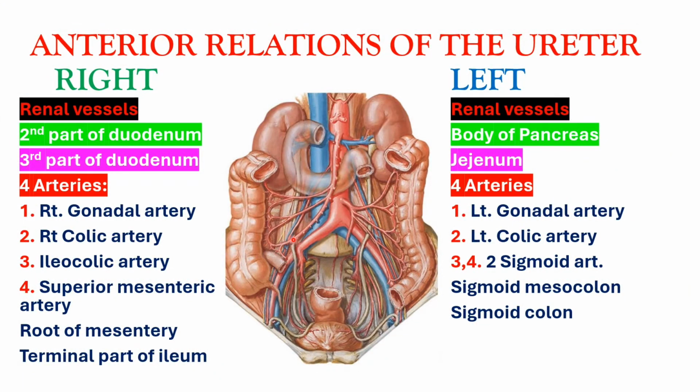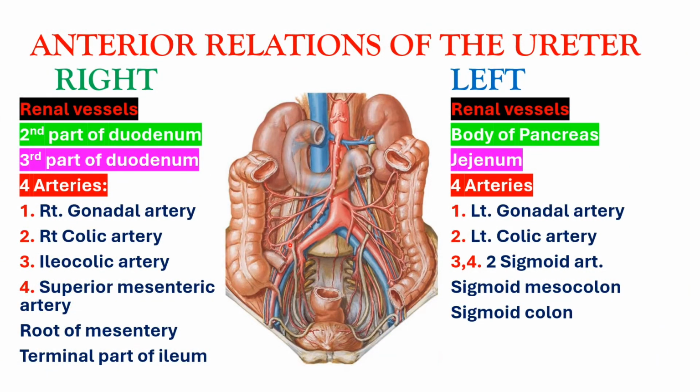Then when you come to the left side, same thing, there are 4 arteries. We have the left gonadal artery, then the left colic artery, then 2 sigmoid arteries, this one and then this one. After the arteries, as you descend on the right side, you have the root of the mesentery, which is anterior to the ureter.